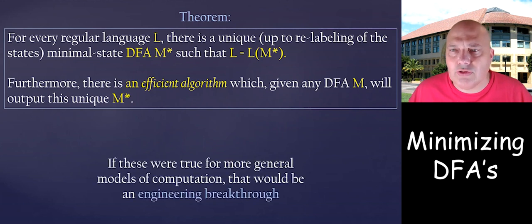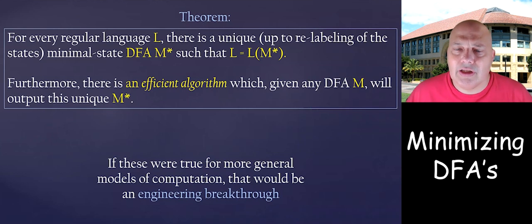And if such optimization was true for more sophisticated models of computation, it would be an amazing engineering breakthrough. So imagine you take a mediocre software engineer who programs something in C++ or some other language, and now automatically you're able to optimize the program for any optimization goal.